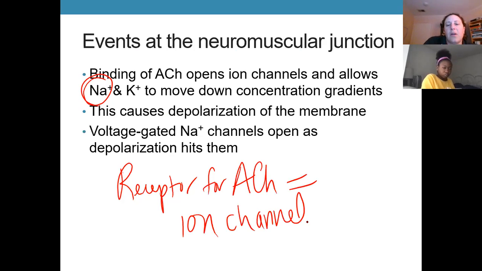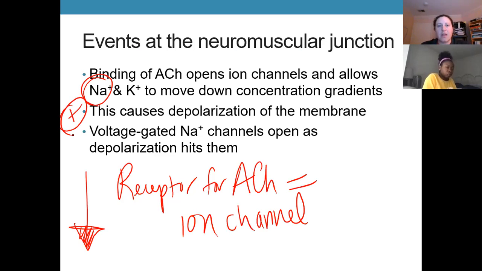So we're literally opening an ion channel with the neurotransmitter. We're going to get sodium moving in as well as potassium moving out. Because sodium is moving in larger volumes, we're going to get depolarization of the membrane. So the membrane becomes positive on the inside of the muscle cell, whereas it used to be negative.